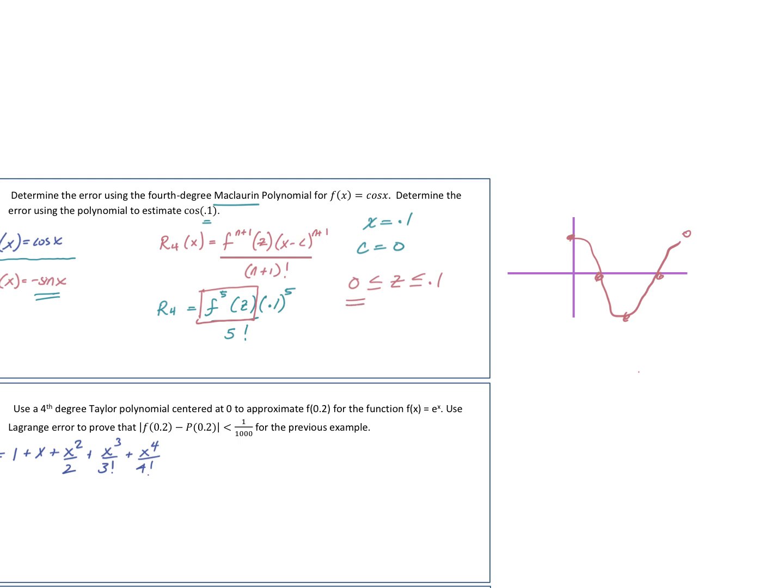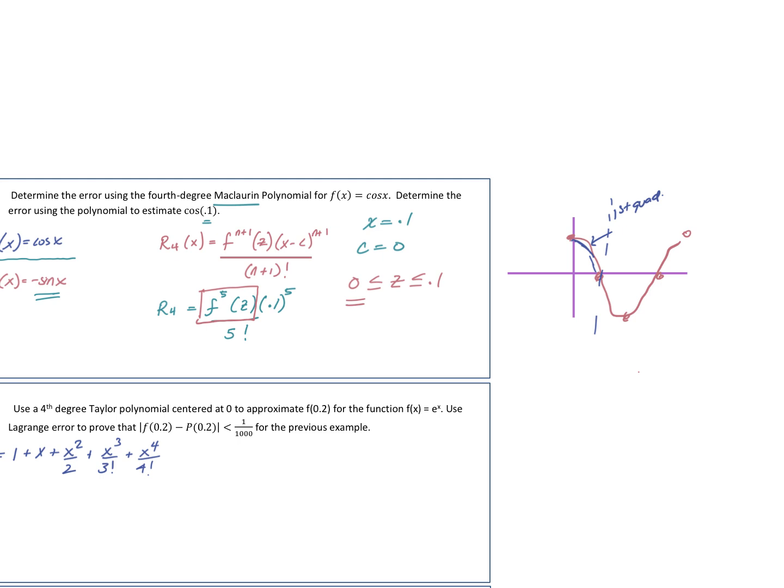So cosine of 0.1, remember, this is the first quadrant in here. This in here is the first quadrant. So it's all in here. It's only going to go down from the 1. That's the first way to look at it. The other thing you can do with sine and cosine, you can just pick 1.